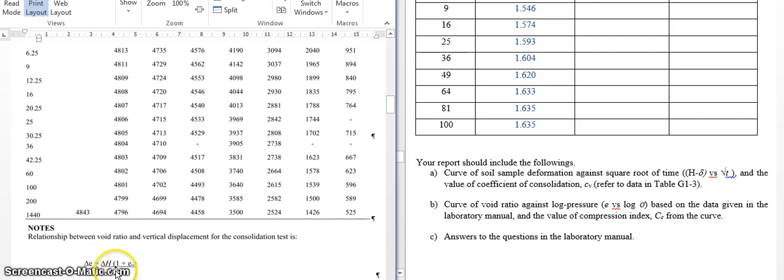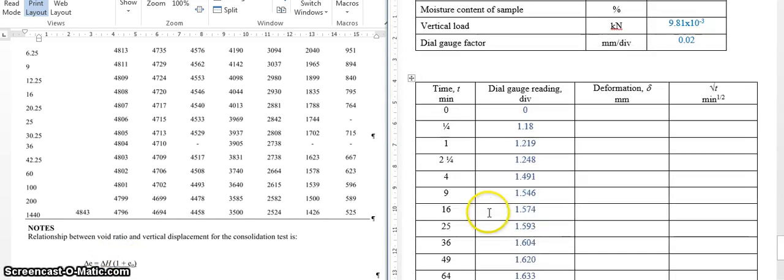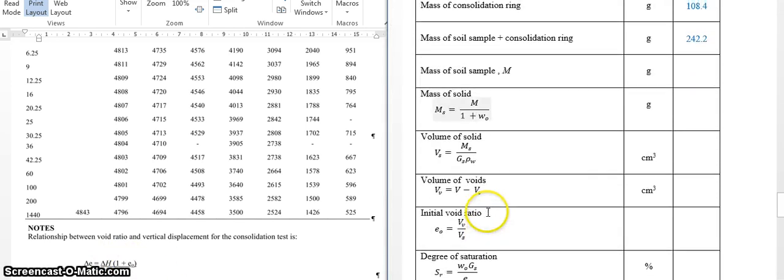So delta H times 1 plus the initial void ratio. Remember that you already get the initial void ratio in here. So use the initial void ratio that you obtain from the given data from the calculation, and divide it by the initial height.